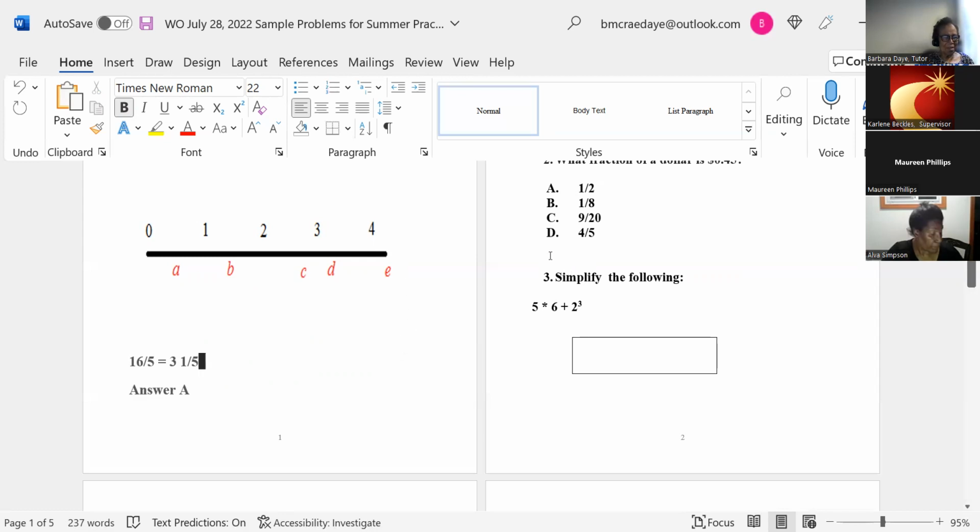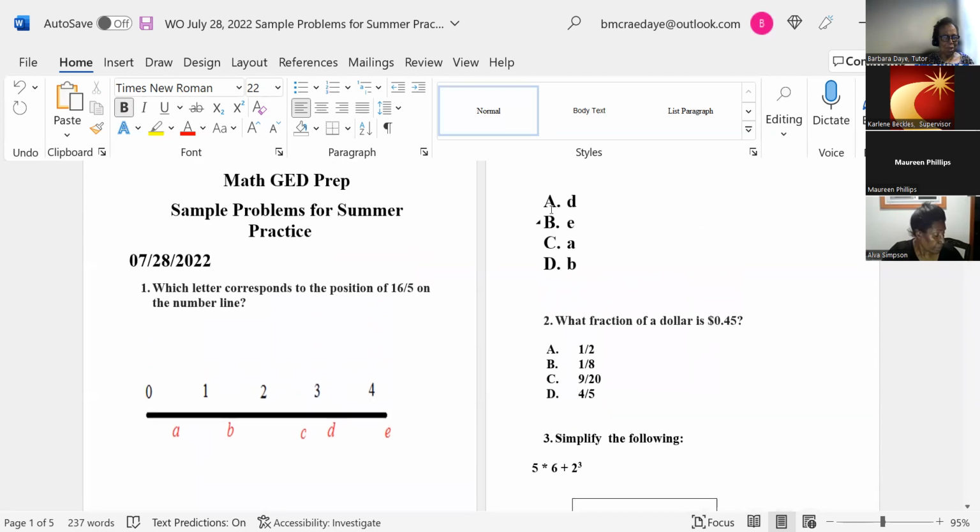Maureen, choice A refers to letter D. Choice B refers to letter E. Choice C refers to letter A on the number line, and D to letter B. But when I said B, I said the answer was B. But you said you don't want two answers.